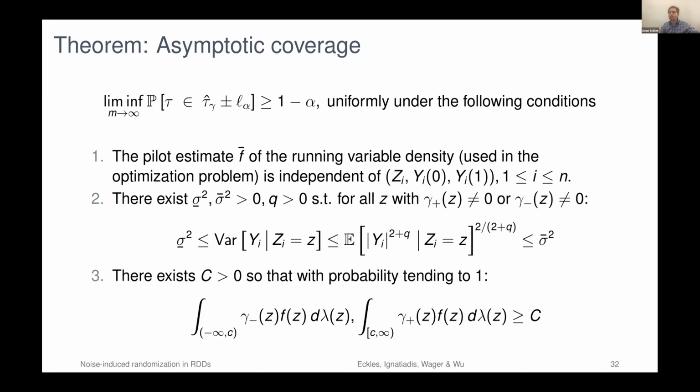We just have some moment conditions on the outcome, that there is some variance, and that we have some upper bounded higher moments. And then we're going to need that these weighting functions that we're using are well approximated by something that is in fact a weighting function.